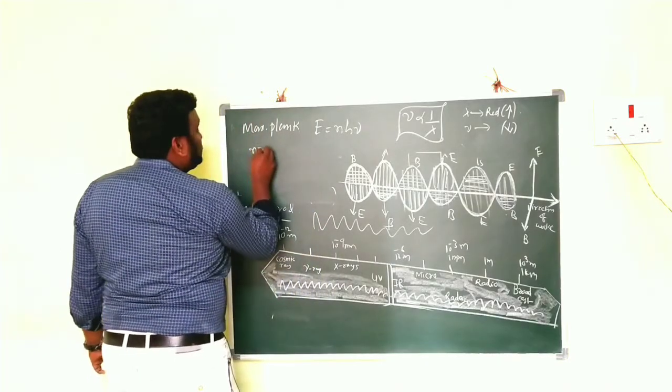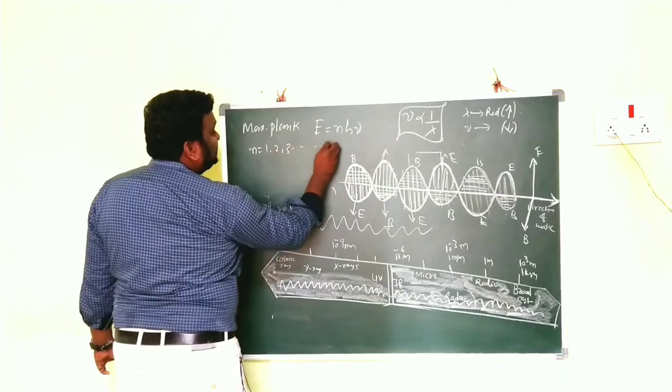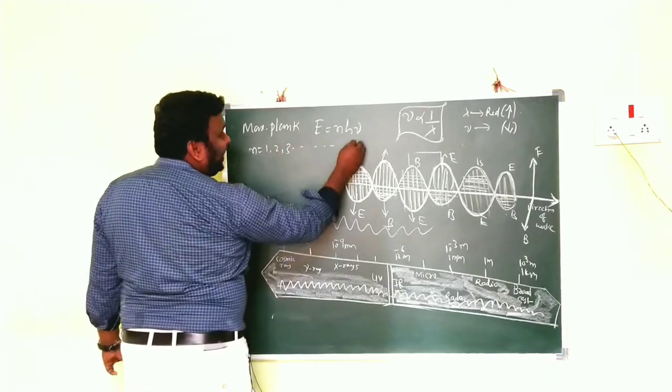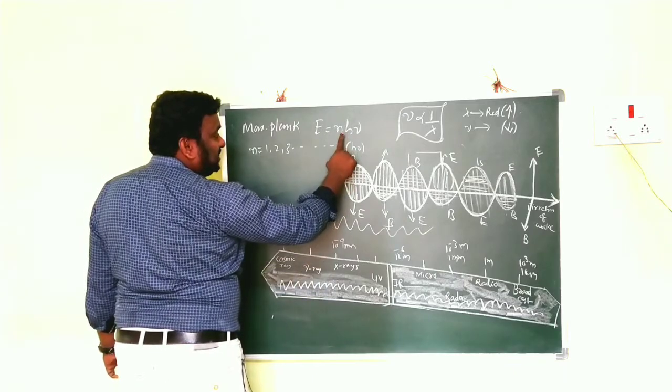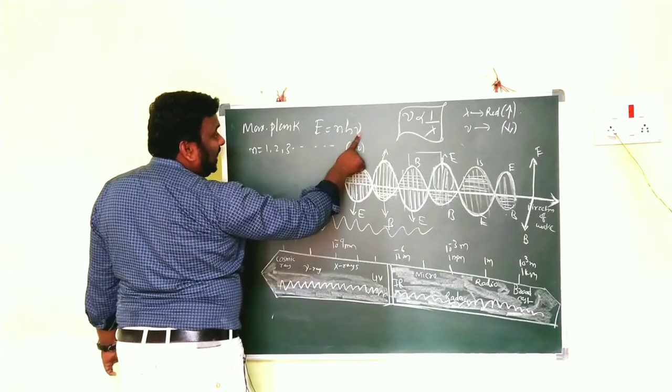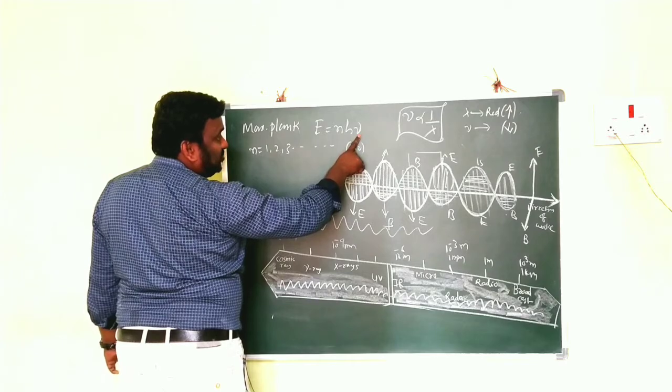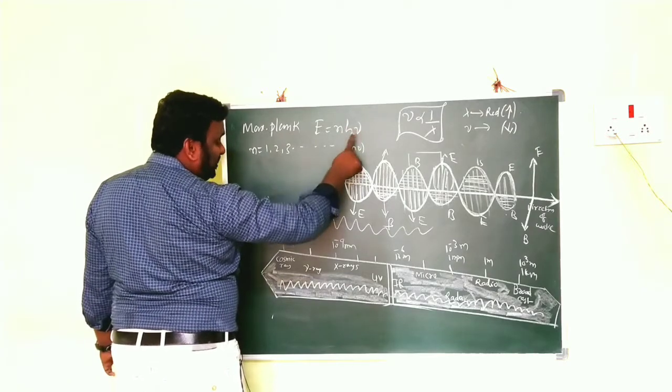Here n is an integer: 1, 2, 3 and so on, an integral multiple of h nu. Here h is Planck's constant, n is the numerical value and nu is frequency.